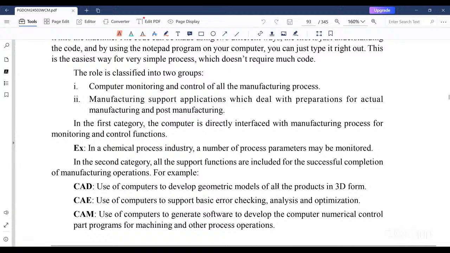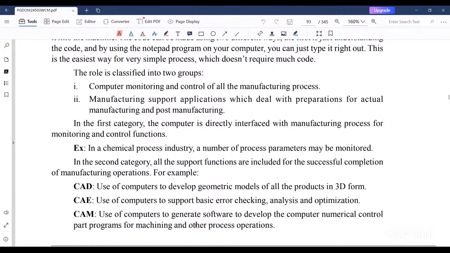For example, CAD uses computers to develop geometric models in 3D form. Next, CAE uses computers to support basic error checking. Their work is to check whether there is any error, analyze it if there is, and try to optimize it. And what is CAM?